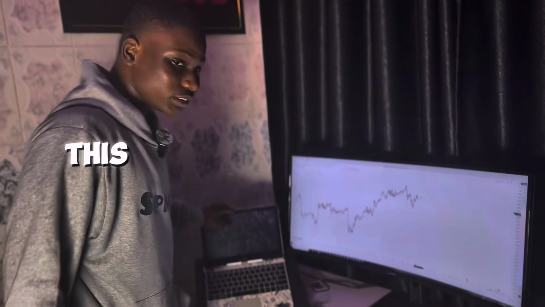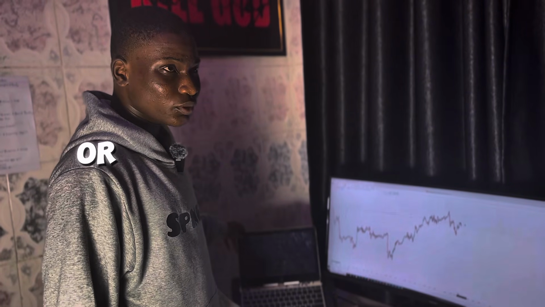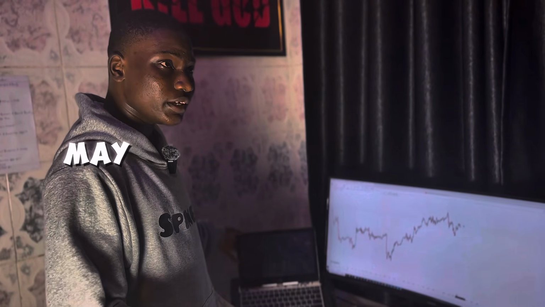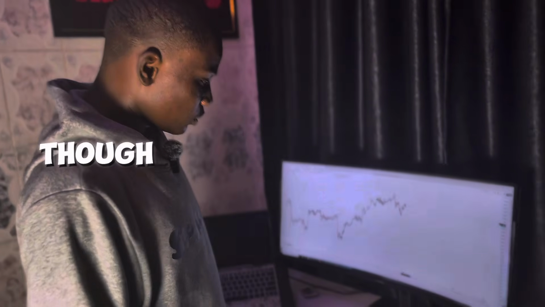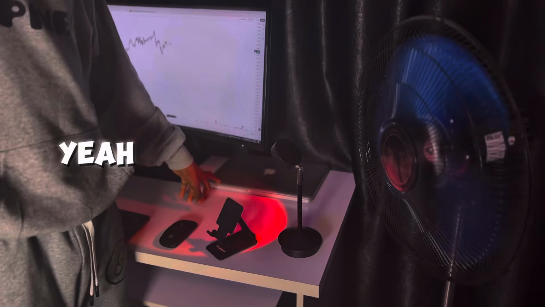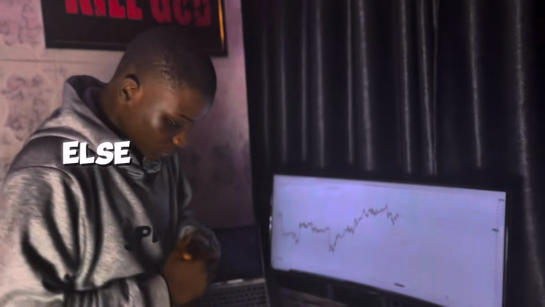Then this laptop, I got this laptop, let's say early 2025, or mid-2025, around May, something like that. I got it for 250k. That was then though. And this one I got recently, like last month, for 450k. Then what else in this place? Bring the camera closer.